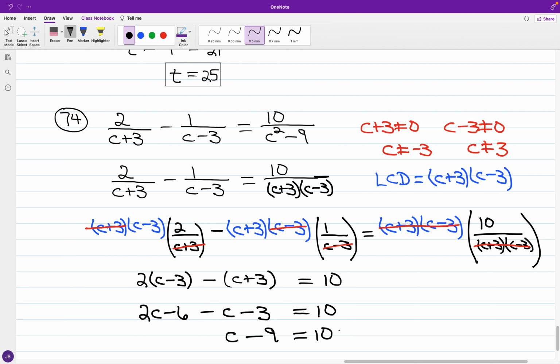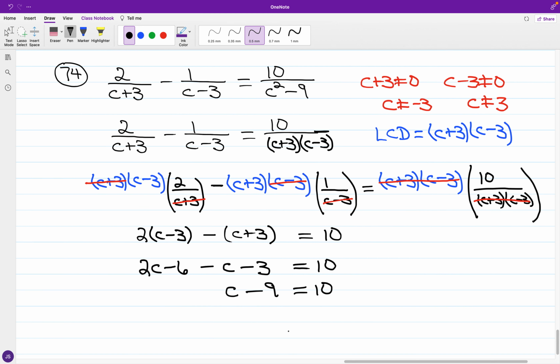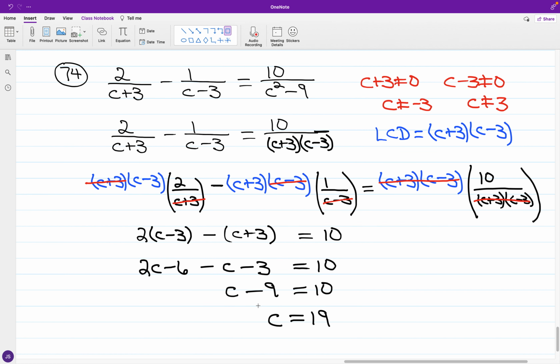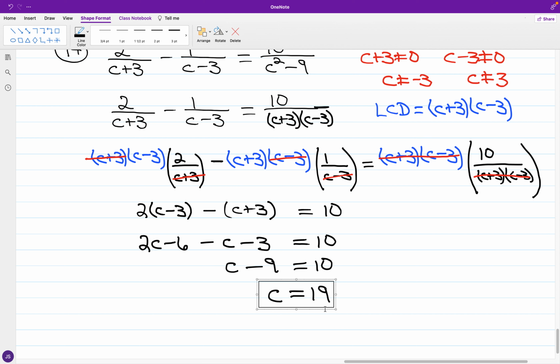So c minus 9 is equal to 10, and upon adding 9, we have that c is equal to 19. This will satisfy the restrictions, where c is not negative 3 or positive 3. So 19 is going to be the unique solution in the case of the letter c.